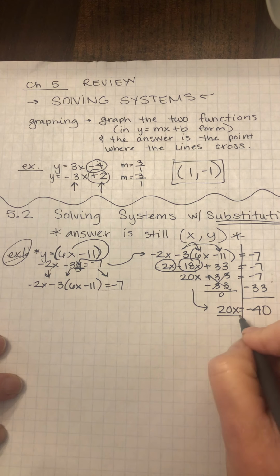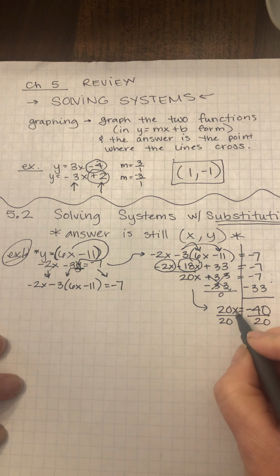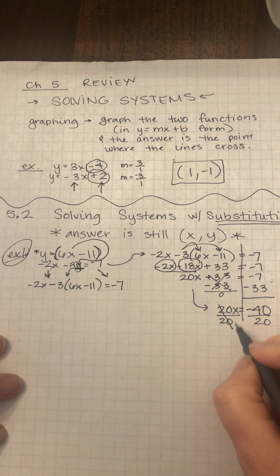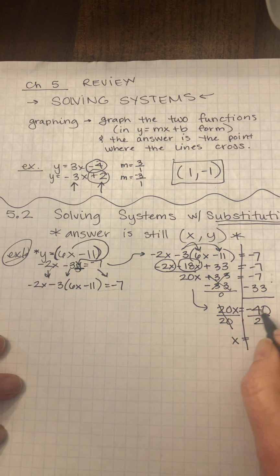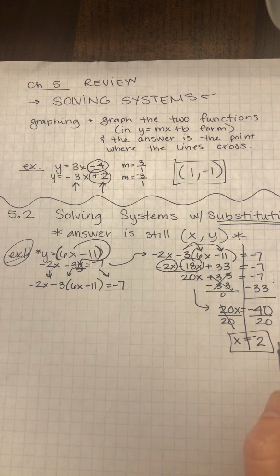When I divide to get the x alone, right, 20 times x is what this means, so the inverse operation is dividing, and I get x. Negative 40 divided by 20 is negative 2. Okay?